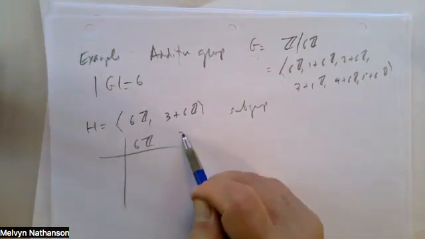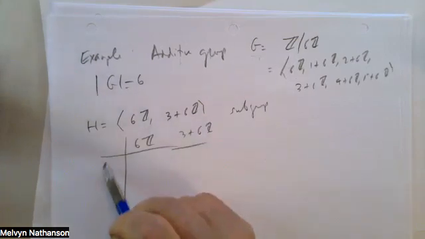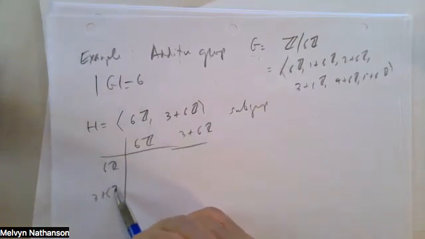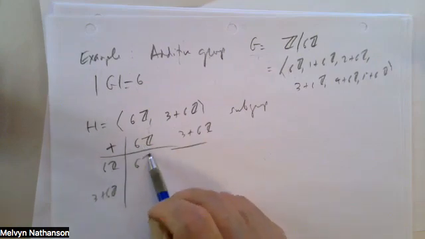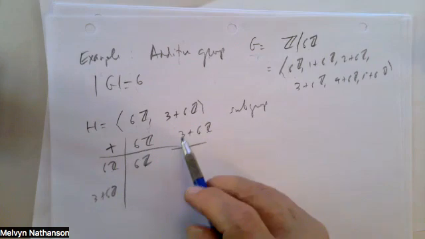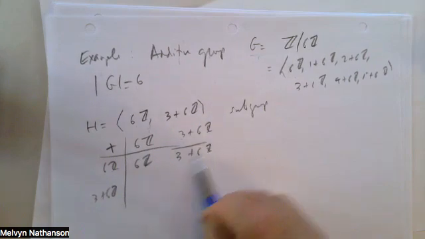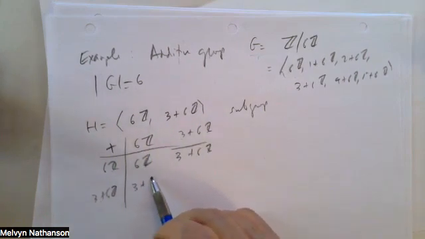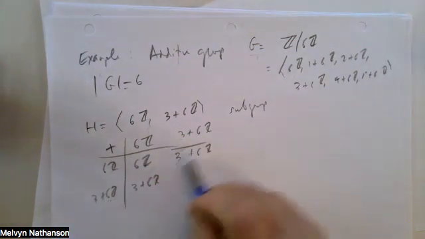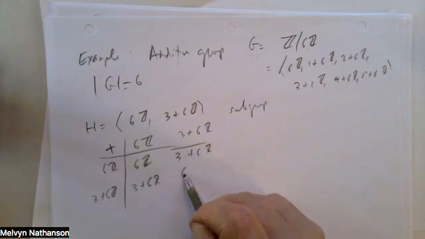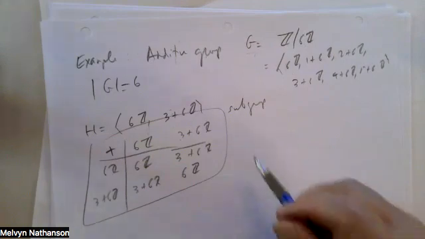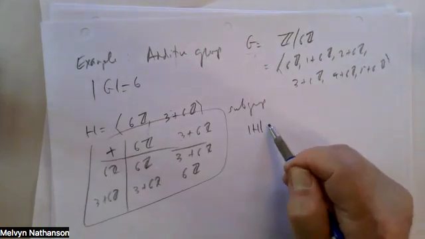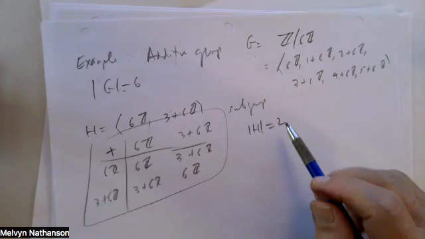If I have 6Z and 3 plus 6Z and I add them, 6Z plus 6Z is 6Z. 0 plus 3 is 3 plus 6Z. 3 plus 0 is 3 plus 6Z. 3 plus 6Z plus 3 plus 6Z is 6 plus 6Z, which is 0. That's the addition table for this subgroup. This subgroup H has order 2. There are 2 elements in it.